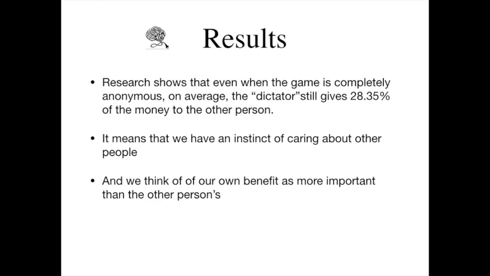research shows that even when the game is completely anonymous, on average, the dictator or the proposer of the splitting plan still gives about 28.35% of the money to the other person or the receiver of the money. It means that we still have an instinct of caring about other people, and we do think of our own benefit as more important.